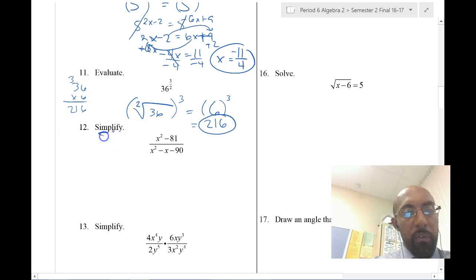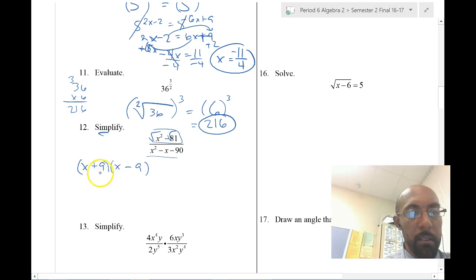Okay, next one, simplify. Okay, we're going to be simplifying a rational expression. So what we want to do is we want to factor, if we have an expression like this on the top with squared and one on the bottom, a trinomial, we want to factor that. So the top, remember, 2 numbers minus in the middle, this will factor to, if they're both perfect squares, I can square root them, x and 9 and 9, and then it'll be plus and minus.